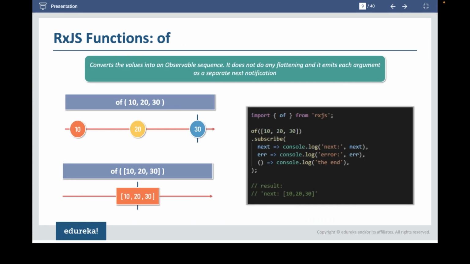Now, we're going to see how observables are created. Yesterday we created an observable using BehaviorSubject. Now we're going to use direct methods which are available on RxJS for creating these observables.